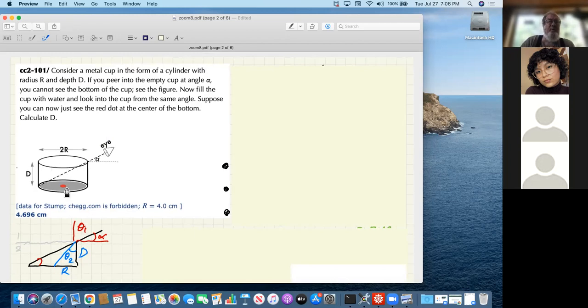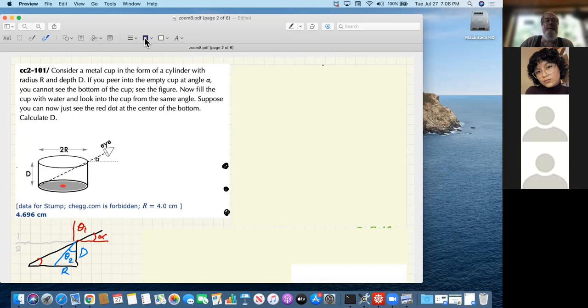But now fill the cup with water. Well, when the cup is full of water, light doesn't travel in straight lines because of refraction. So in fact, you could have light which travels into your eye from the center of the lower surface, from the little red dot.